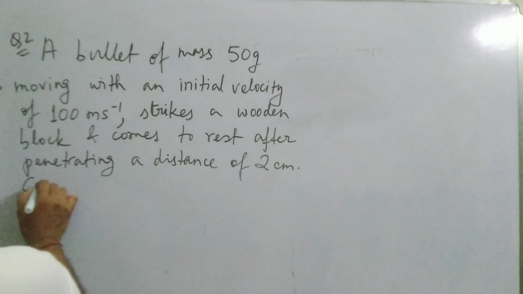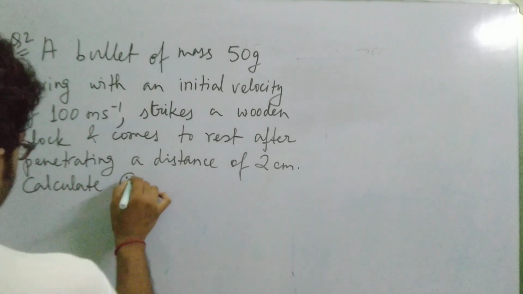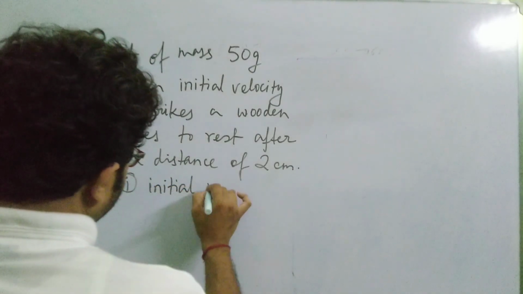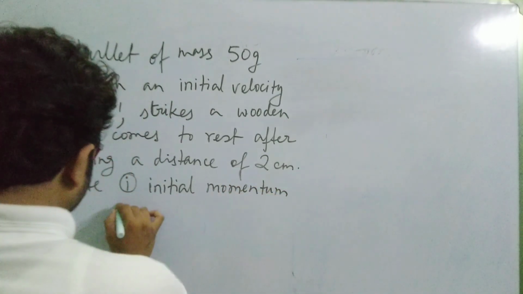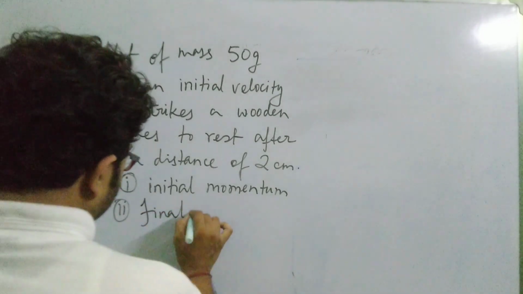So what you have to calculate? First subpart, we need to calculate the initial momentum of bullet. Okay. Second thing that you need to calculate is the final momentum of bullet.